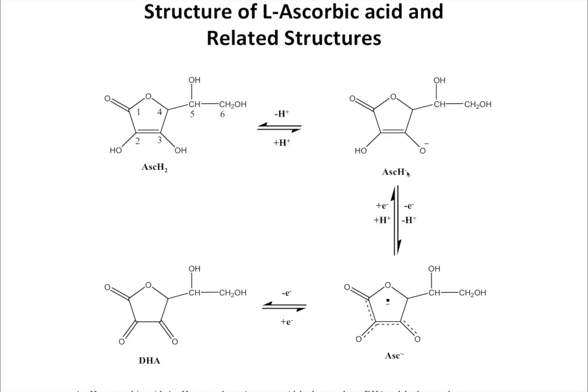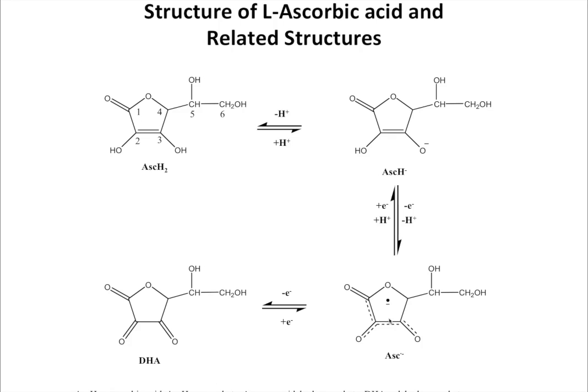And then in the next step, you can actually lose another proton, or you could say another electron. And at this point, you would lose it on this OH group that was over here. What this causes is delocalization of an electron in the ring structure. You can see this basically shows you delocalization of the electron, these little dotted lines here going along.